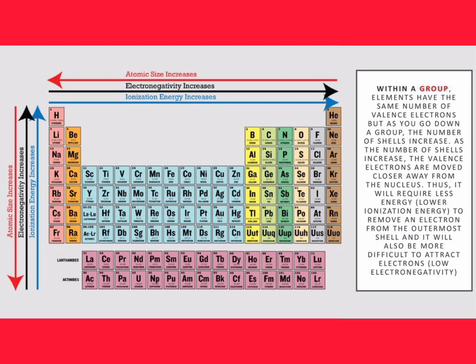Children, as you move down a group, the electronegativity of an element decreases because the increased energy levels or shells put the outer electrons very far away from the pull of the nucleus. So, the electronegativity of elements decreases as we go down the group.